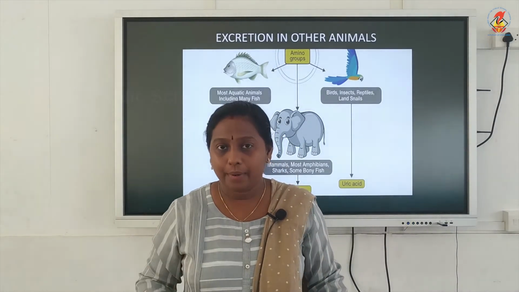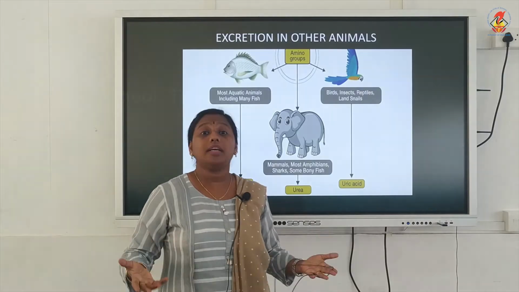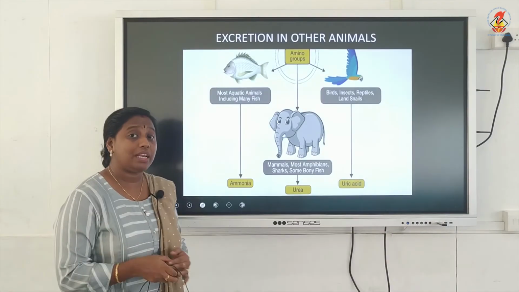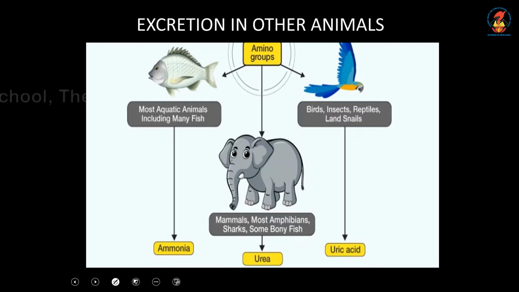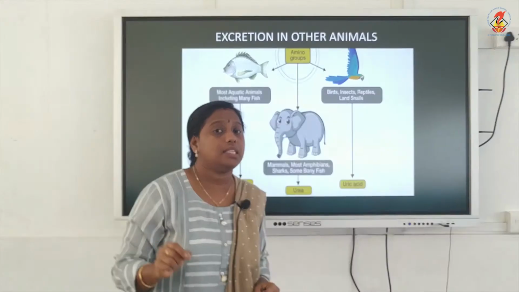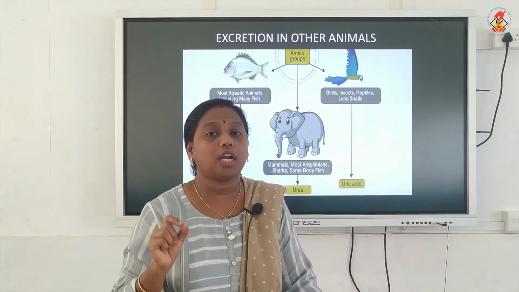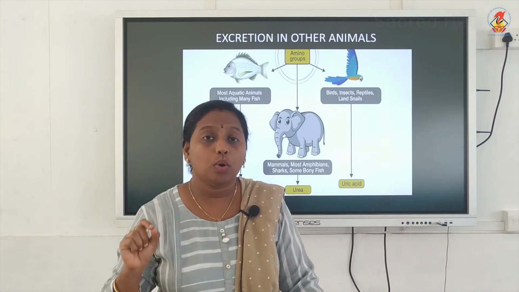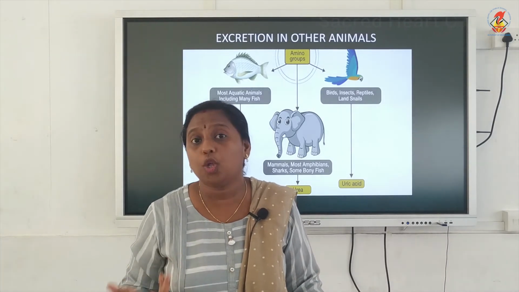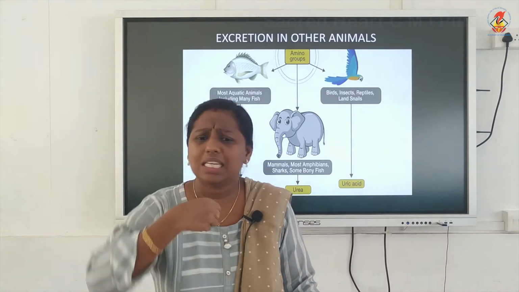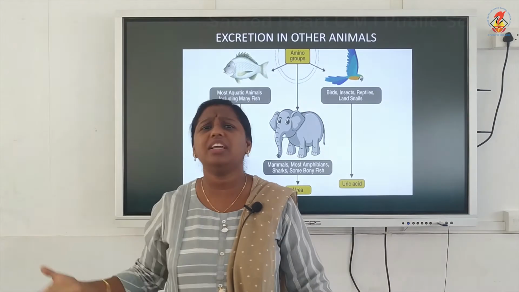For example, aquatic organisms, those living in water, fishes and all, will excrete a product called ammonia. The excretory product will be ammonia. Now, this ammonia is readily soluble in water. So, fishes can easily excrete ammonia because they are living in water only.